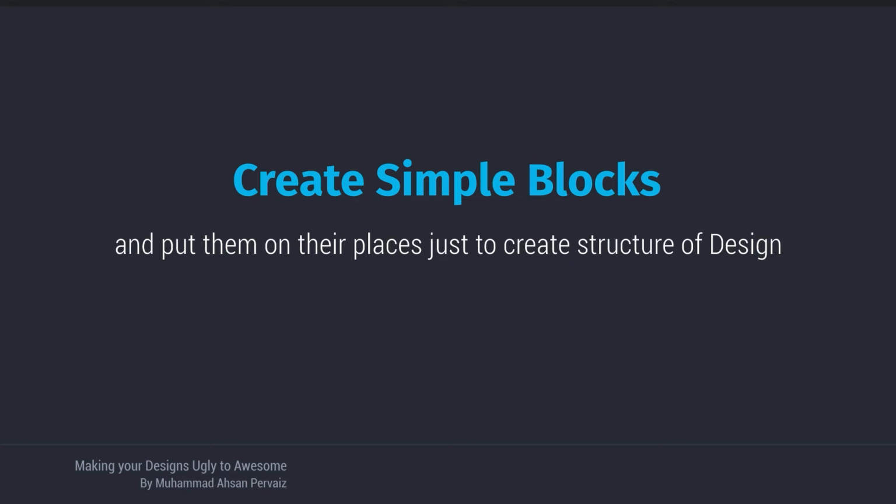So I am going to create different shapes for those elements and put those shapes over there in different emphasis levels. So I'm going to show you one example, and let's see how I have created this block level design by getting another design.